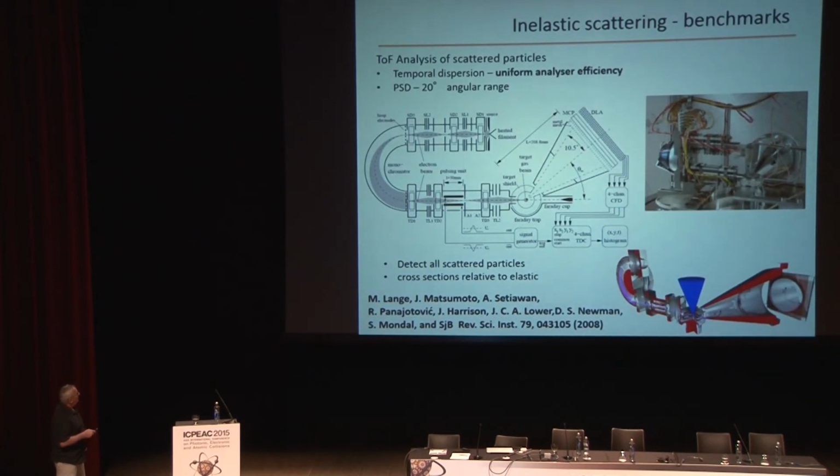I'm an experimentalist, so I really love to talk about apparatus. I apologize for those in the audience that are not apparatus junkies, like all of us experimentalists, but this is, in some sense, the first half at least, a typical electron spectrometer.